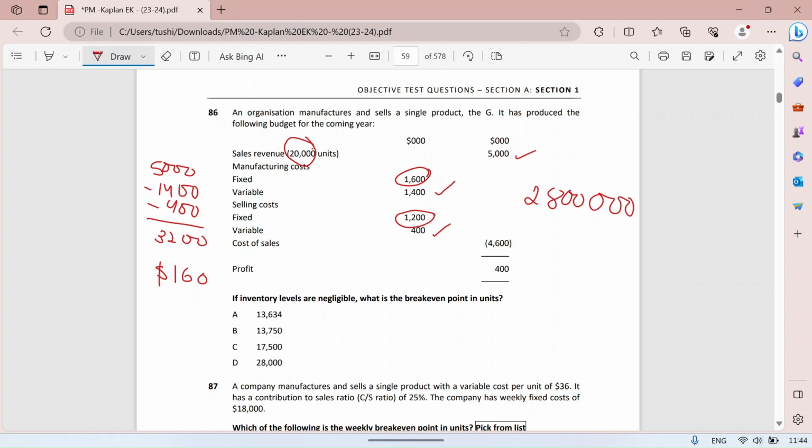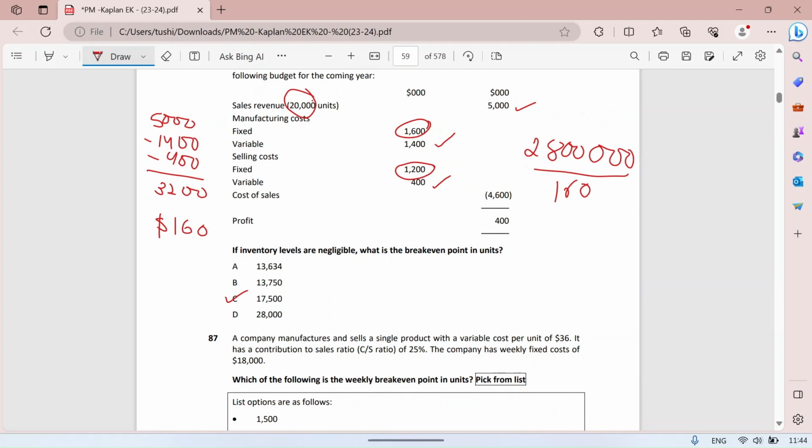Moving on to the next one, a company manufactures and sells a single product with a variable cost per unit of $36. It has a contribution to sales ratio of 25%. We have weekly fixed costs given to us as $18,000. So basically, what we can find out over here is we know the variable cost is given to us as $36, and we have the CS ratio as well.